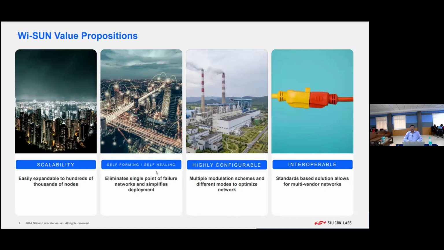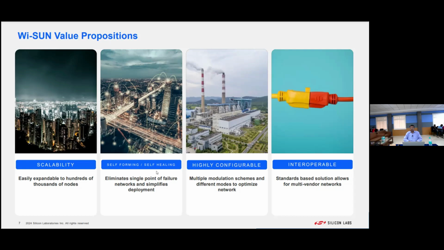So this slide is basically the value propositions. Once again, we recap scalability. Thousands of nodes can be part of the Wi-SUN mesh, and more nodes can be easily added with additional border routers, and they all can be viewed as one network. And also self-healing, self-forming, I already discussed.